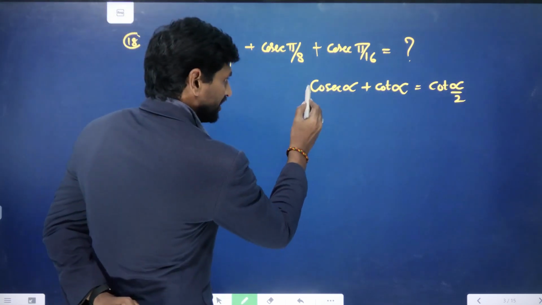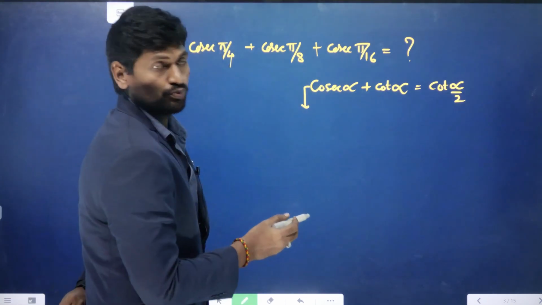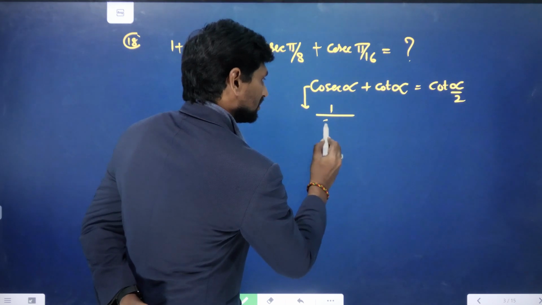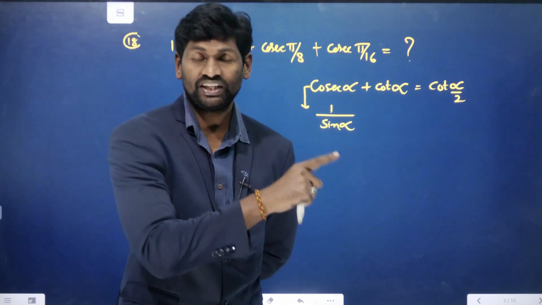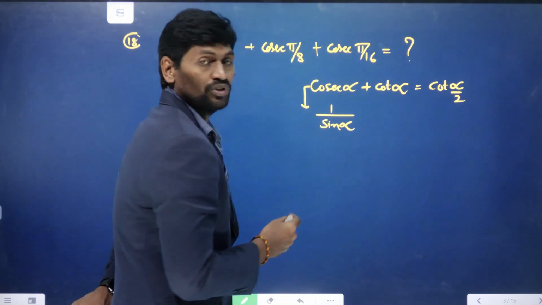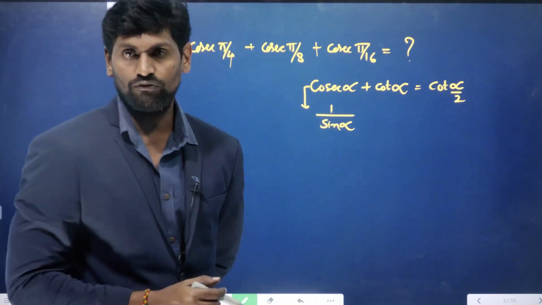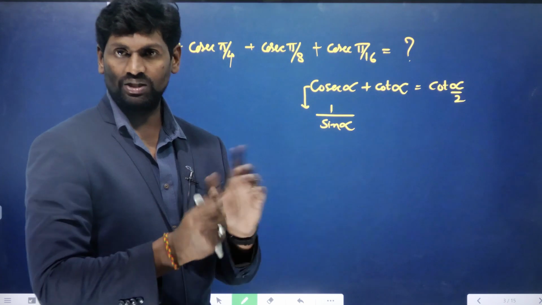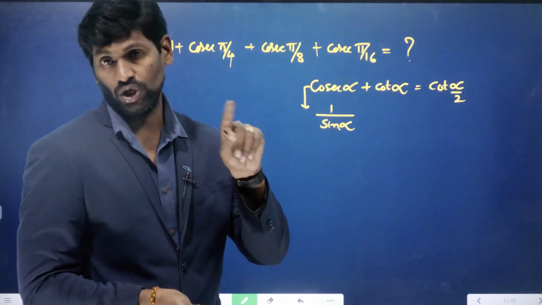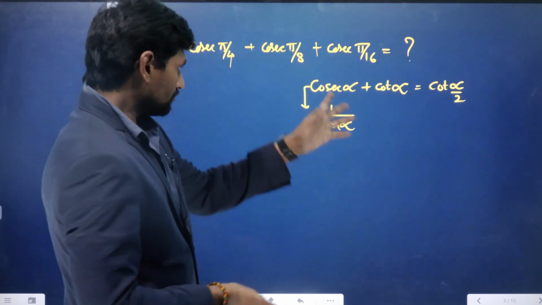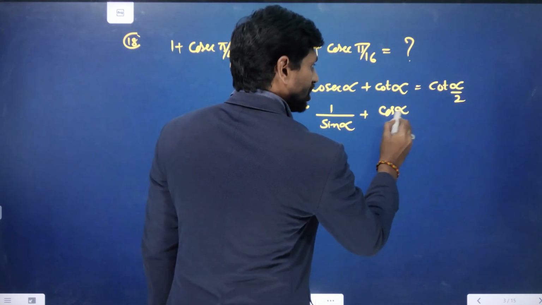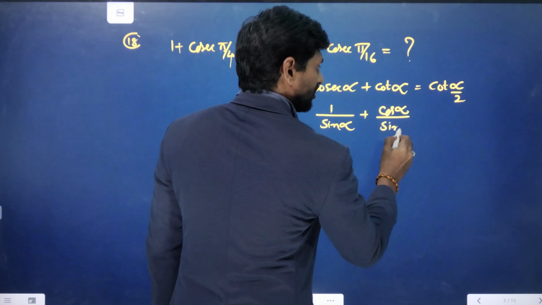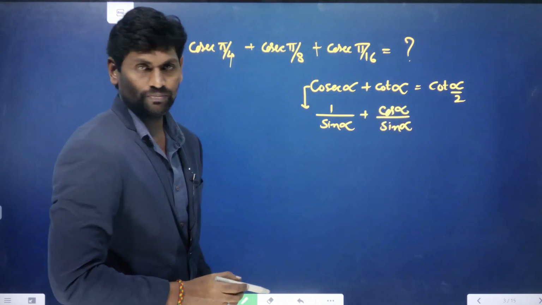So I am writing that cosecant value as 1 by sine. Can we write 1 by sine? Because cosecant and sine both are reciprocals of one another, or multiplicative inverses of one another. We discussed in the very starting class. Okay? Cot we can write as cos by sine.